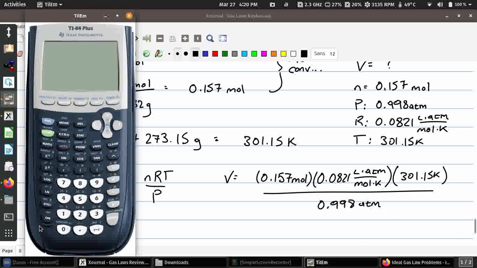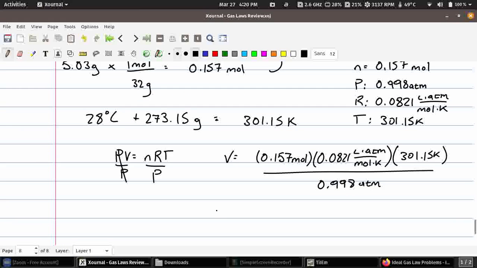All right, so let's plug this into the calculator. 0.157 times 0.0821 times 301.15 divided by 0.998. So your answer for your volume is going to be about 3.89 liters.